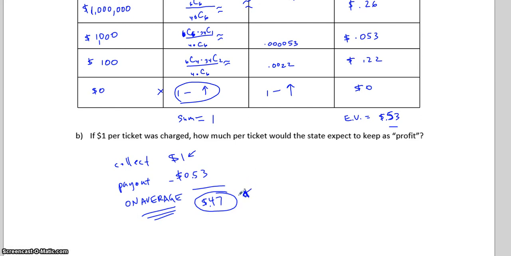I mean, they could get pretty unlucky and have to pay out a bunch of jackpots, and that would cause them to drop below this average for a while. But if they offered this lottery long enough, which is why states offer lotteries like this every week, every day, on average they can make that profit and use that to fund various programs.